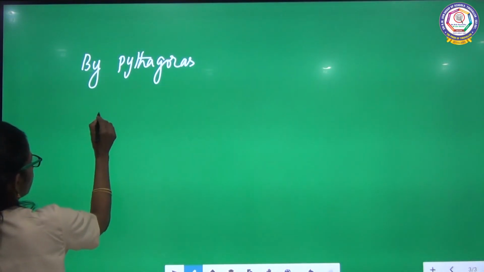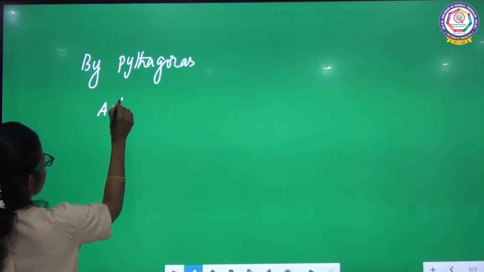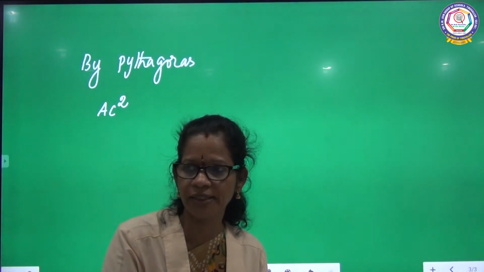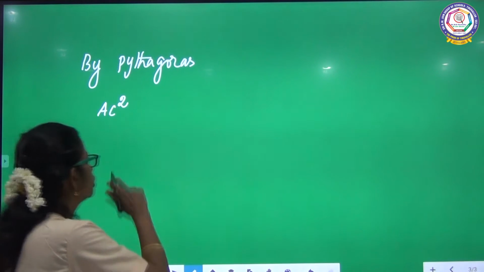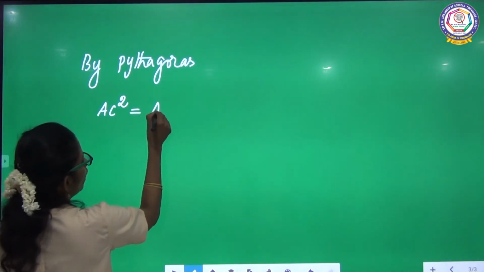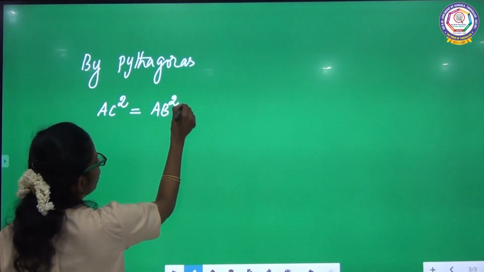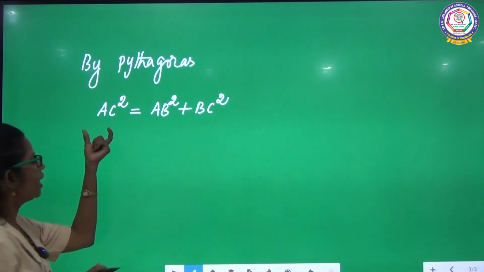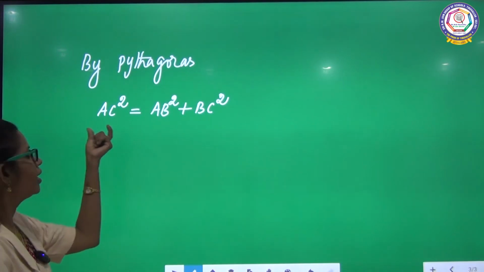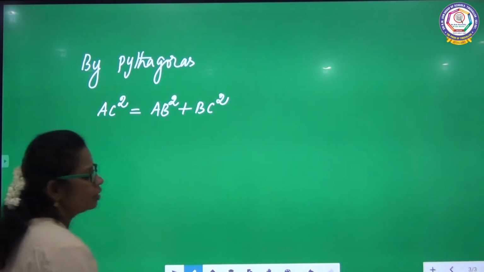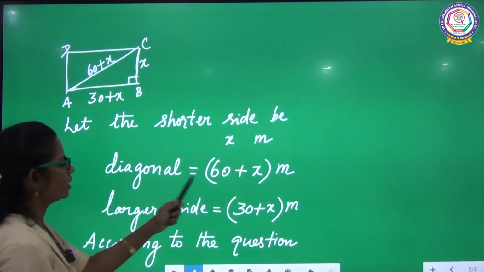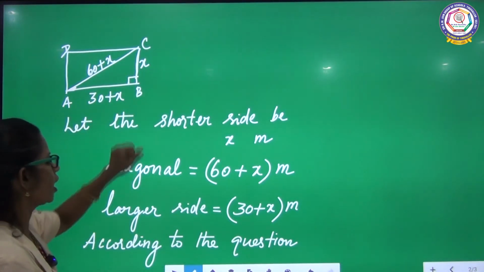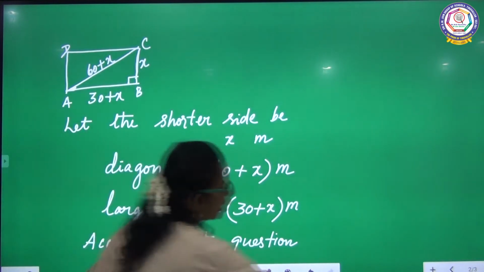What can you write? AC square, because I represented the hypotenuse as AC, equal to AB square plus BC square. AC is the diagonal, 60 plus x. The larger side AB is 30 plus x.